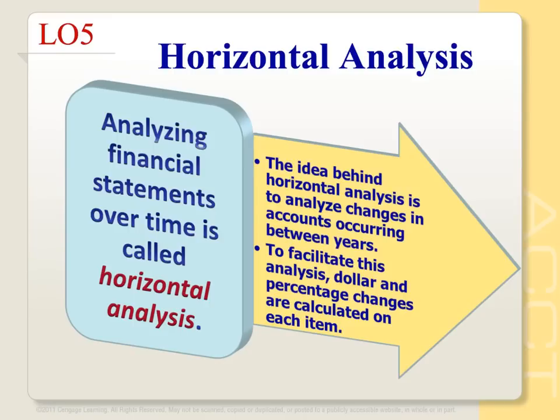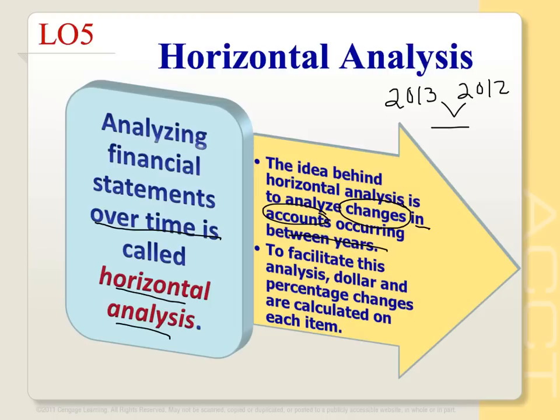So first we're going to go ahead and talk about horizontal analysis. When we analyze financial statements over time, it's called horizontal analysis. The idea behind horizontal analysis is to analyze changes in the accounts occurring between years. So for instance, 2013 and 2012.